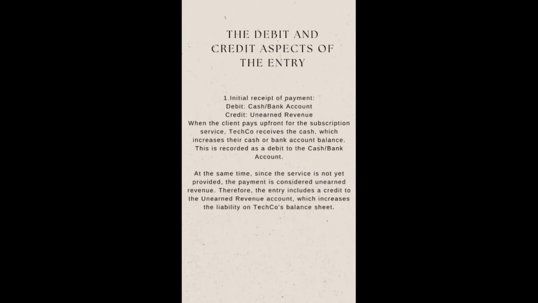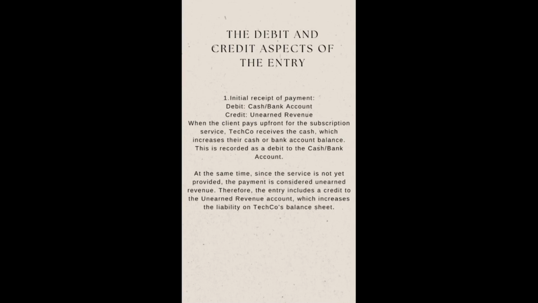Next, the debit and credit aspect of the entry. First, initial receipt of payment. Debit is the cash or bank account. Credit is unearned revenue. When the client pays upfront for the subscription service, TICO receives the cash, which increases their cash or bank account balance.